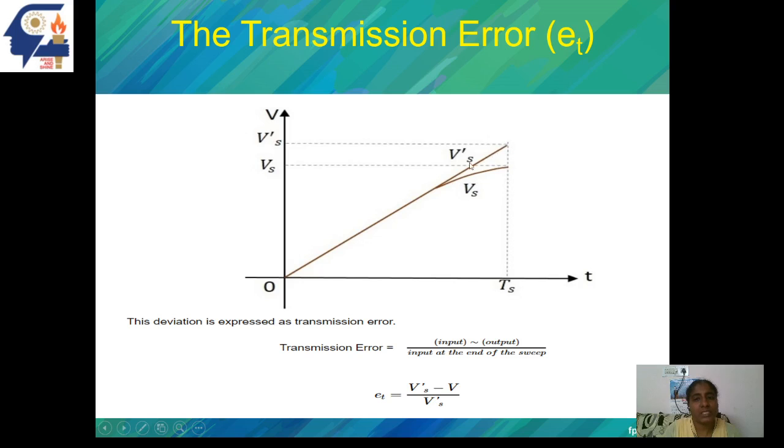Our input is this ramp type waveform, and the output is this Vs. The difference between input and output divided by the input waveform, at the end of Ts, is the transmission error.